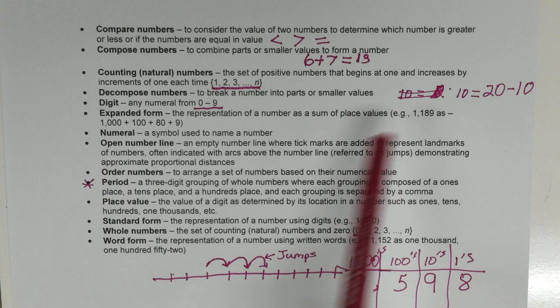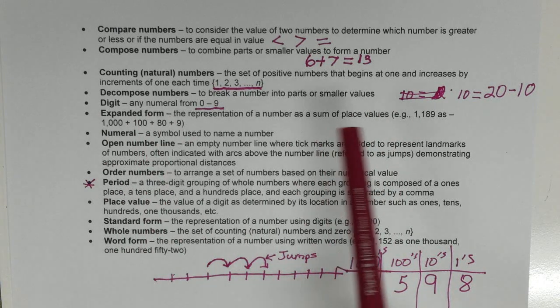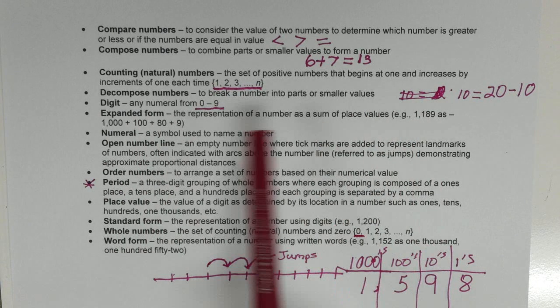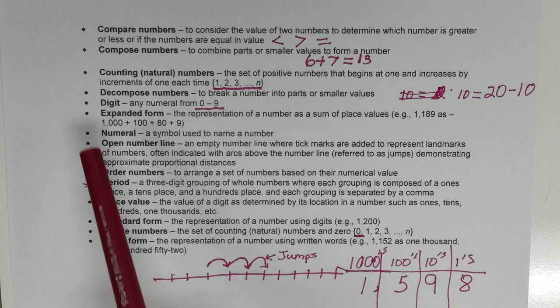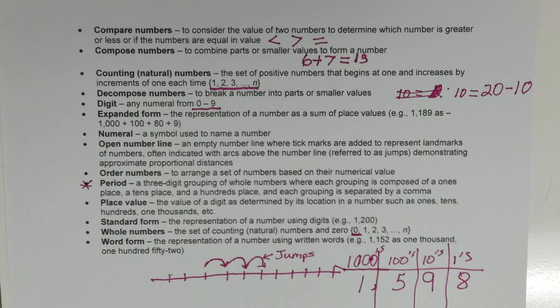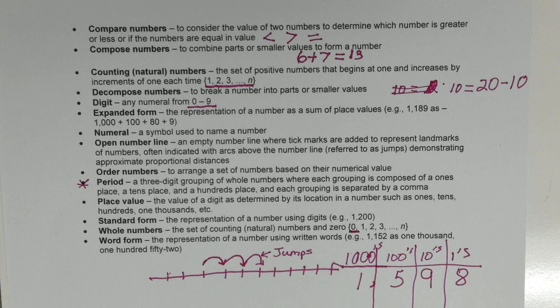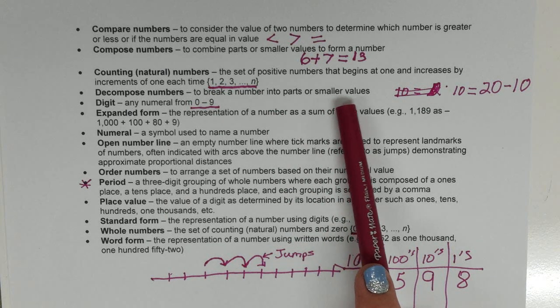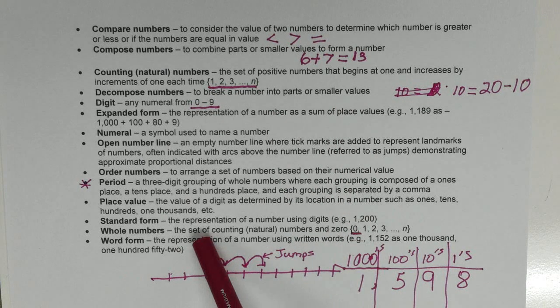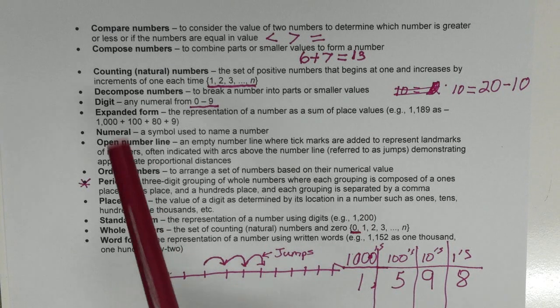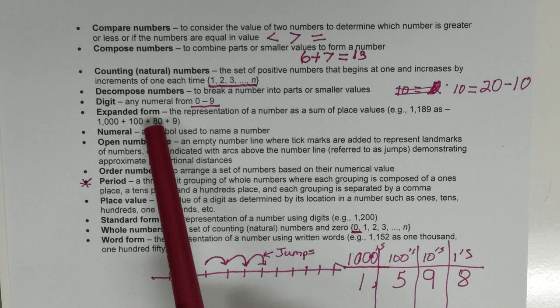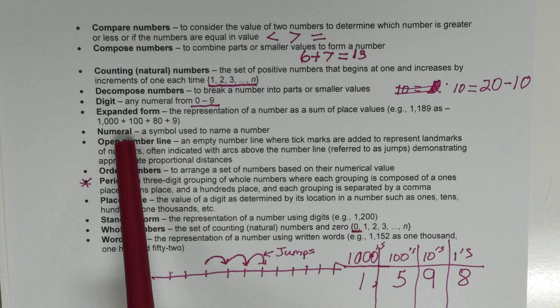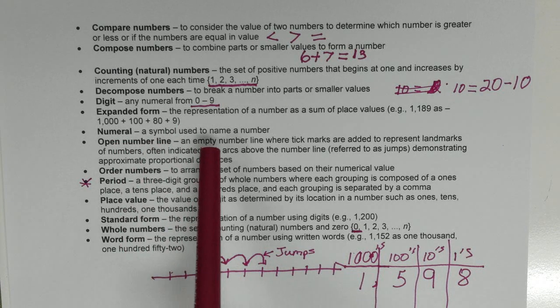There's only 1 hundred, so 100. Now there's 8 tens, so that would be 80, and 9 ones. So there's your expanded form, and we just broke a number into smaller parts. Well, actually, they're the same value. I'm so sorry, guys.